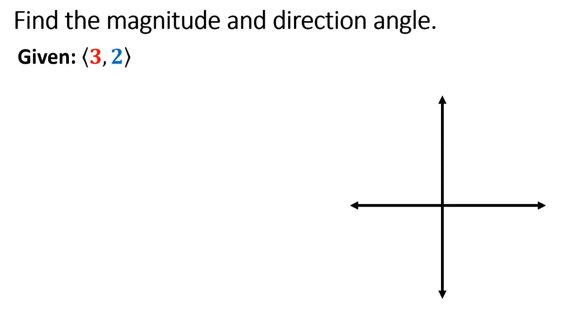In this example, we start with the component form of the vector, and we want to determine the magnitude and direction. Making a sketch of vector 3, 2, I move right 3, up 2, and here is my sketch of vector 3, 2.